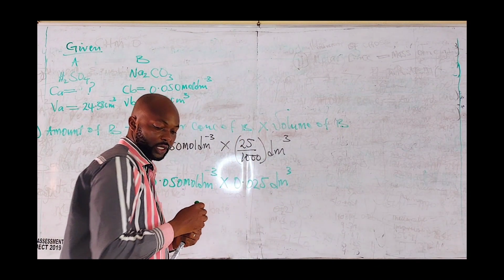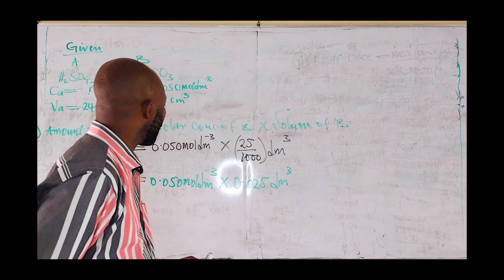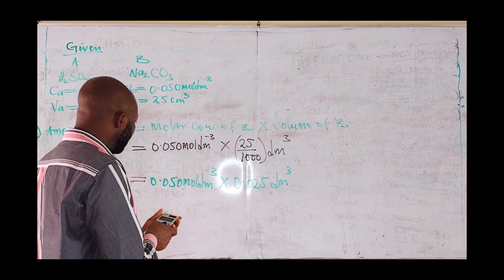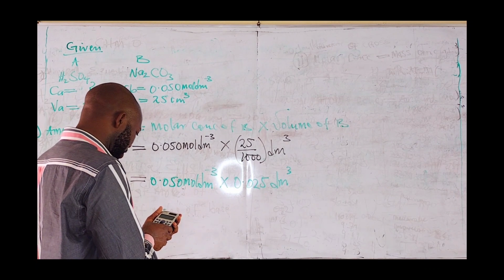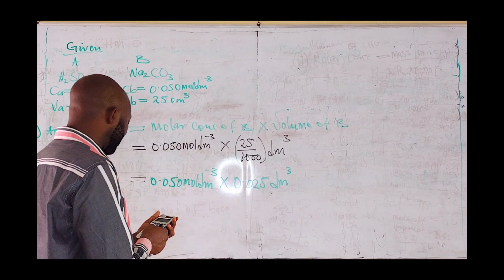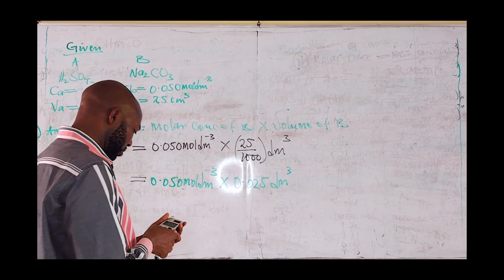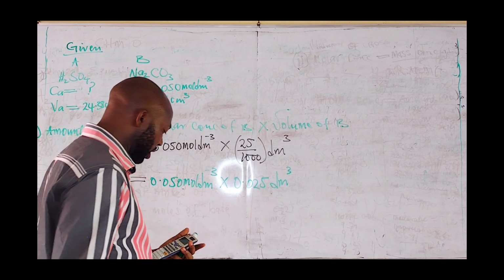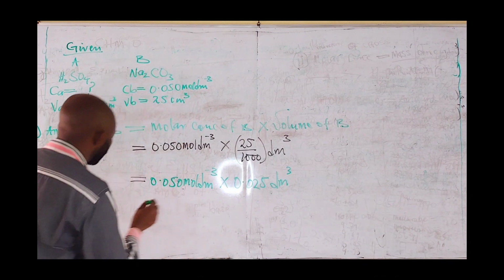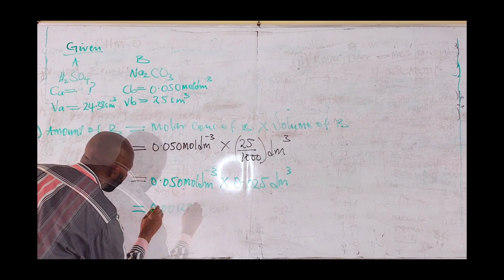No mistakes yet. When you multiply these two, 0.05 times 0.025, our amount is 0.00125.